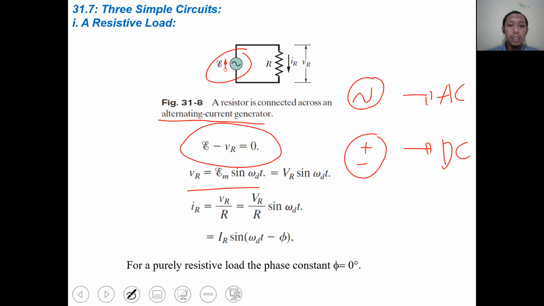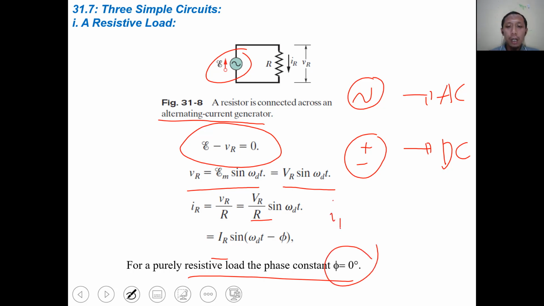So using this equation, V_R per R equals I_R sin omega_d t, and then we get that V_R per R is I_R sin omega_d t minus phi. For a resistor, with only the resistor connected to the source, phi is equal to 0.